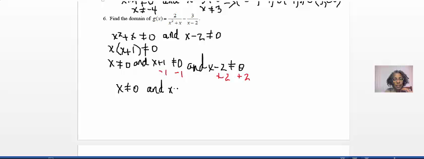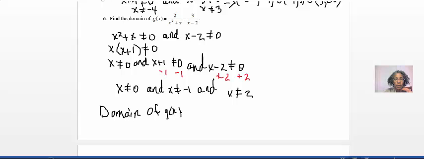And x can't be -1, and x can't be 2. So the intersection of these three sets is the union of intervals from -infinity to the smallest of these.